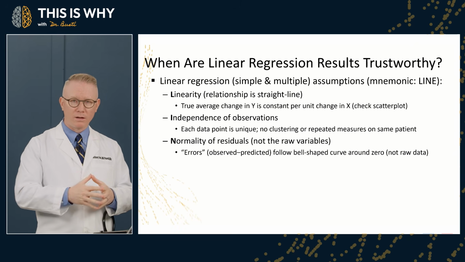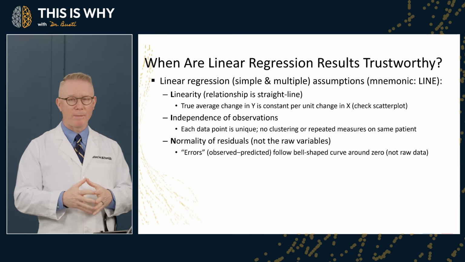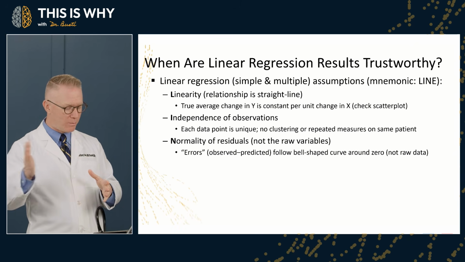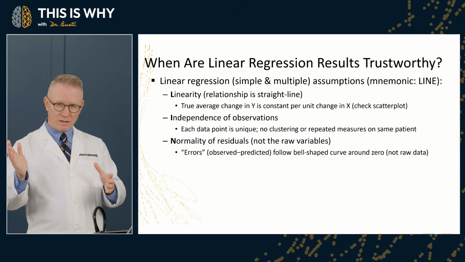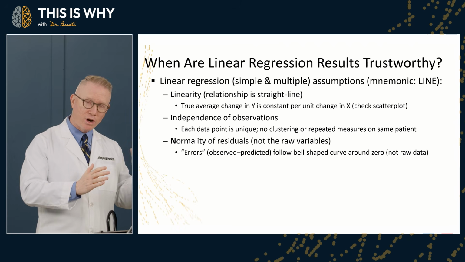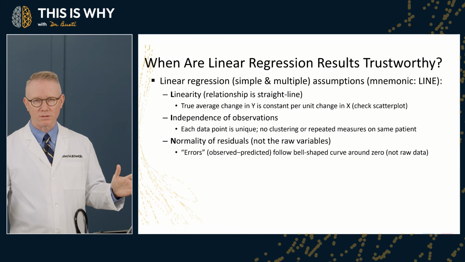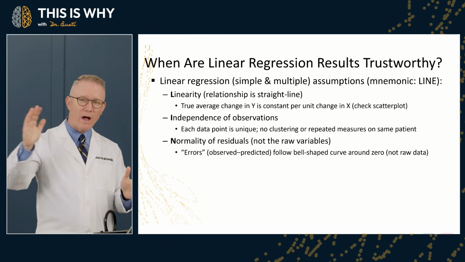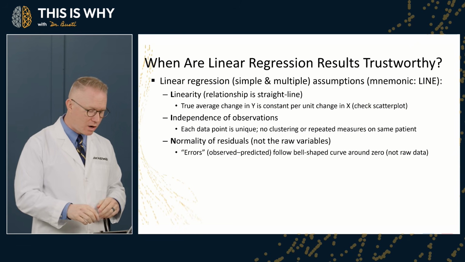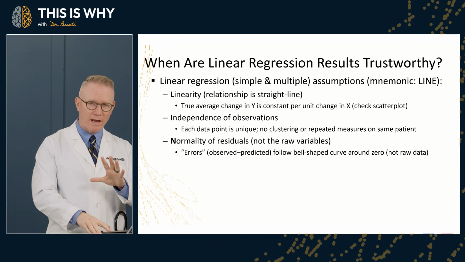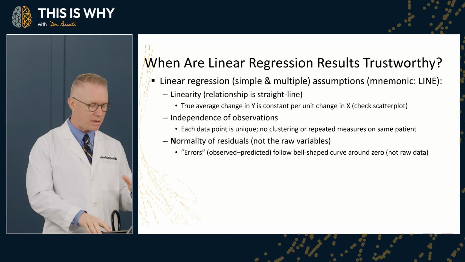Not the raw variables themselves. And this is really about errors, the interval between the observed raw variable and the predicted models, okay? And it should follow a bell curve around 0, not the raw data, but the errors, okay?